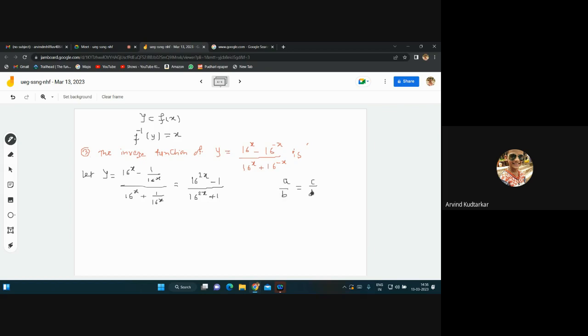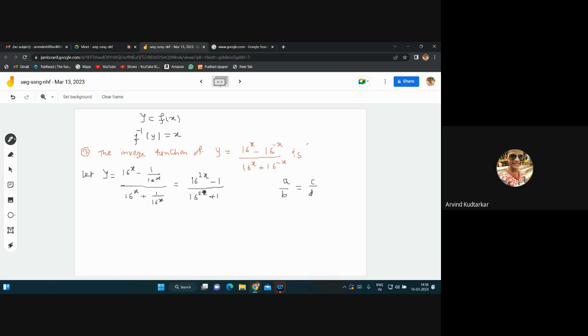And when you apply the operation on the division, it is called dividendo. When you apply both operations, on numerator and denominator, that is called componendo and dividendo. So what actually do you want in the numerator? The term of 16 raised to 2x.